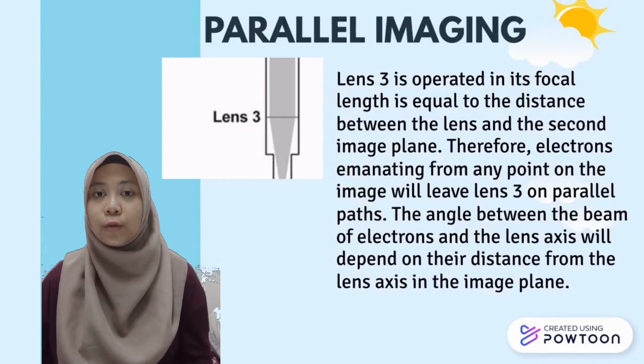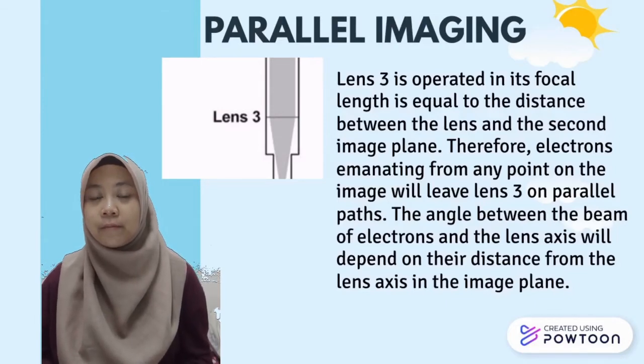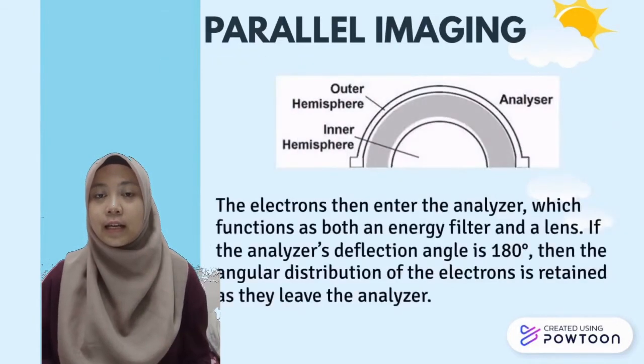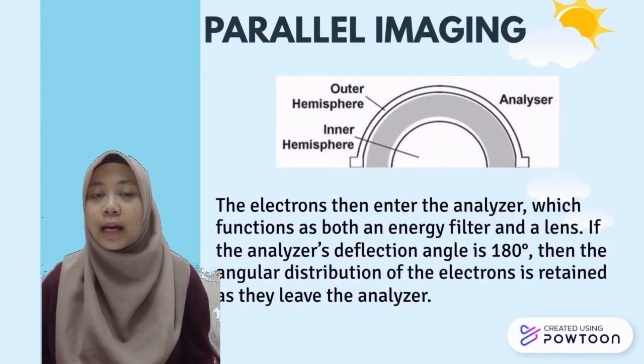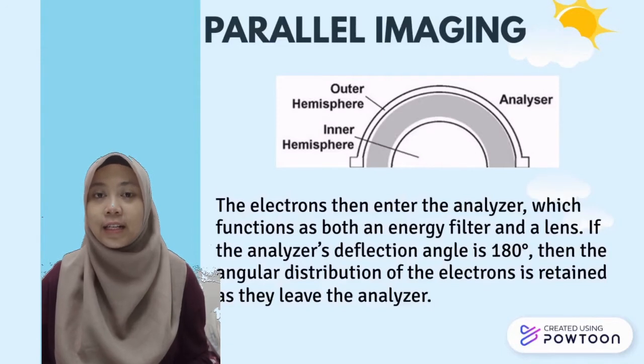The angle between the beam of electrons and the lens axis will depend on their distance from the lens axis in the image plane. The electrons then enter the analyzer, which functions as both an energy filter and a lens. If the analyzer deflection angle is 180 degrees, then the angular distribution of the electrons is retained as they leave the analyzer.